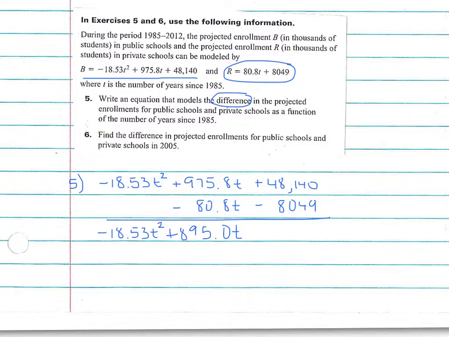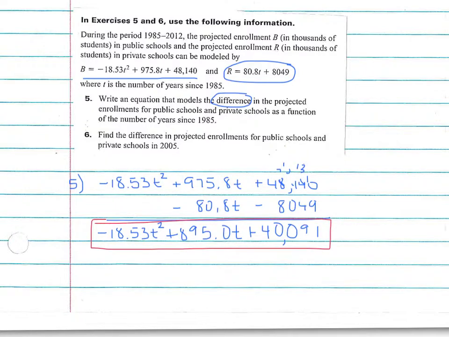And then to subtract the next ones, let me double check my math on that one. And you do get 40,091, and that's positive. So this is the answer to question number 5. We subtracted the 2, and that's what we get.